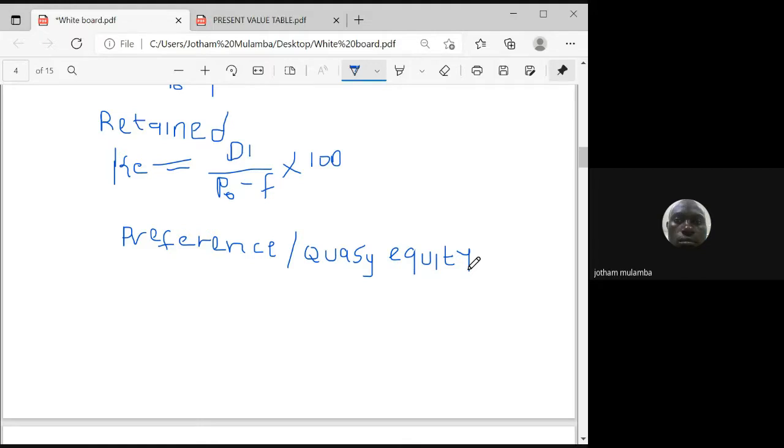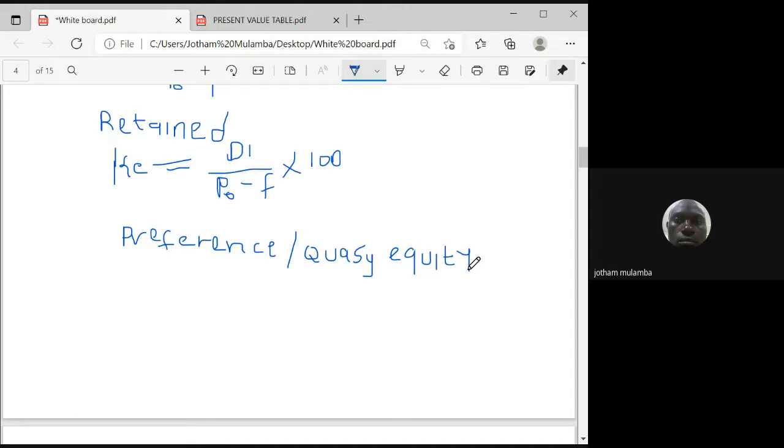And as I had mentioned, they are categorized into 8 categories. The first category, we have redeemable preference shares and non-redeemable preference shares. When you talk of redeemable preference shares, those are the shares that are like loans.